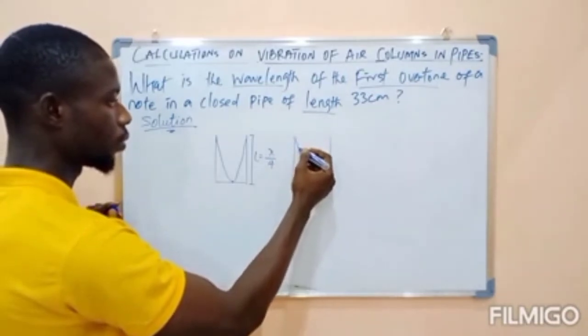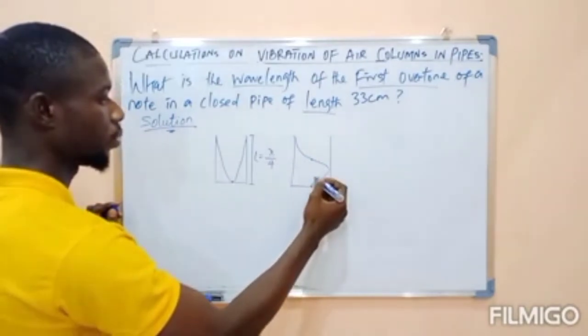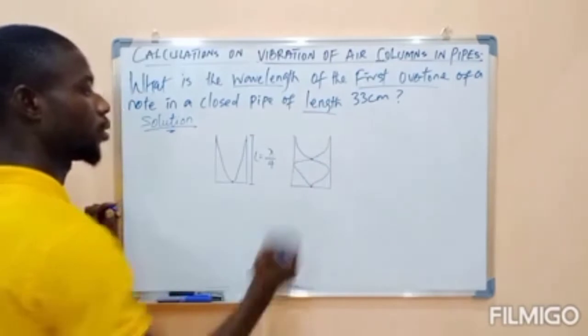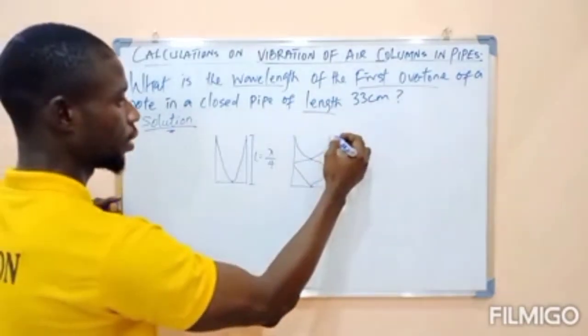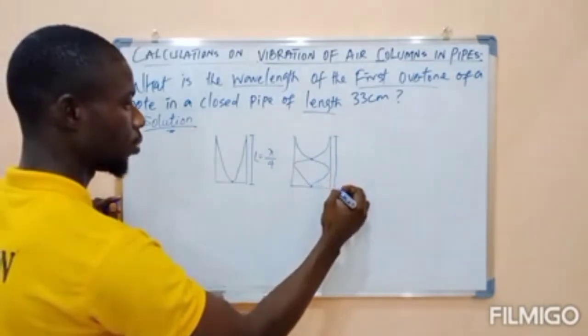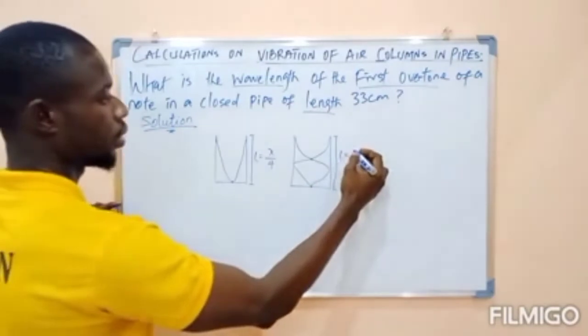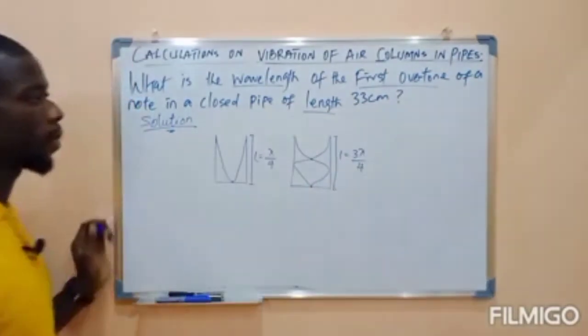This is how we did it. And we said that the length of the air column L is equal to 3 lambda all over 4.